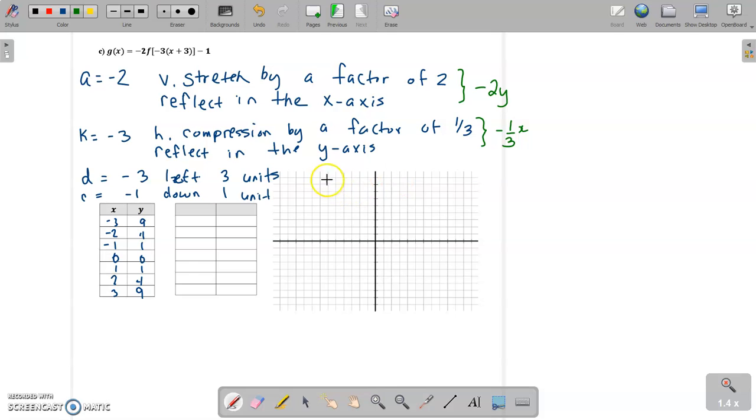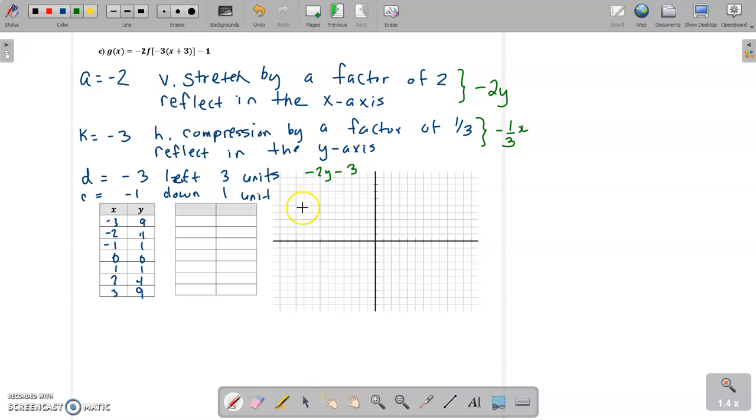And then here, the d is 3, since this is positive, so then we would shift left. So we would take the x value times -1/3 and shift it left 3 units.